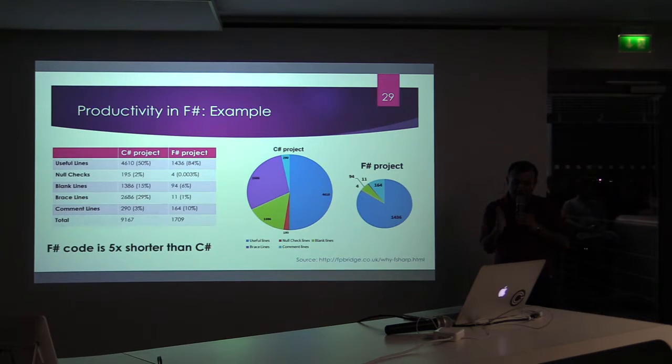Where you have the interface between F# and C#, you can say that this can hold nullable values, and then you have to add checks for that. But if you stay within the domain of functional programming, you don't actually need null checks. You can replace everything with options. And typically F# code is 5 times smaller than C# code.